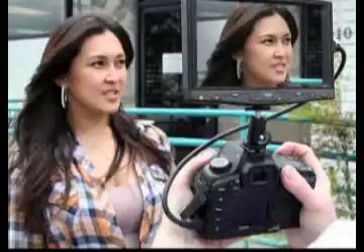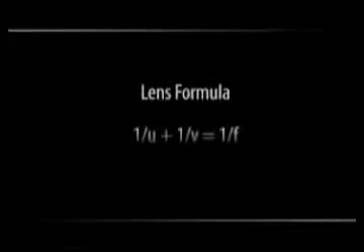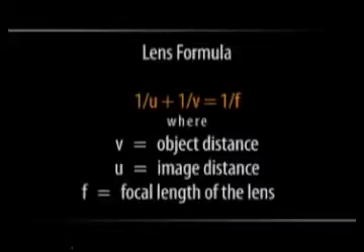How do we do this? In optics, focusing is governed by a very famous formula known as 1/u + 1/v = 1/f. Here v is the object distance, u is the image distance, and f is the focal length of the lens.